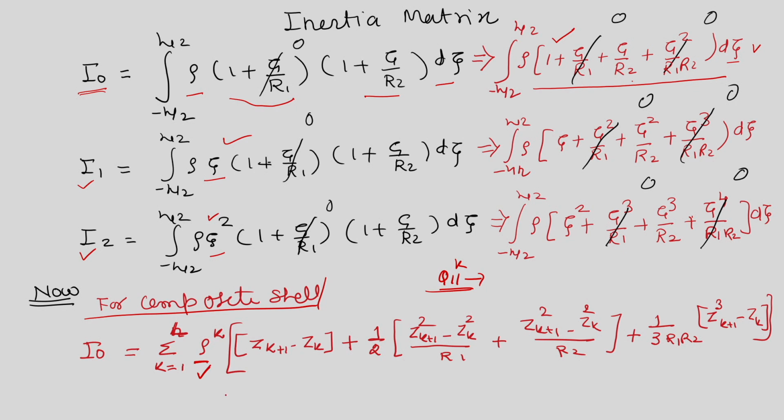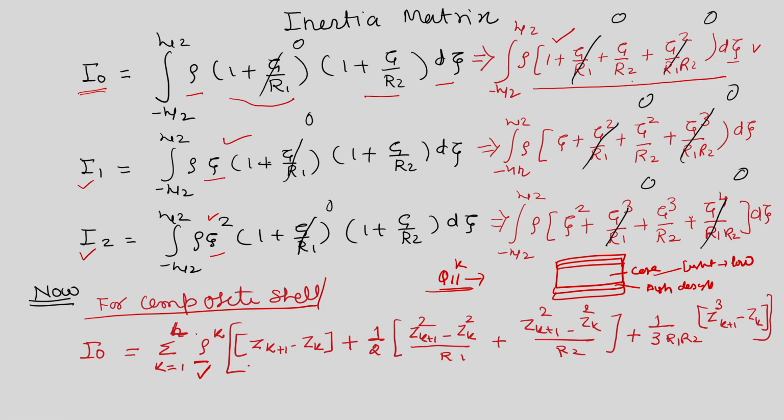Sometimes, if we talk about a sandwich shell, the core is very light and the face is of stronger material, which may have more density, and the core is a light material with low density.